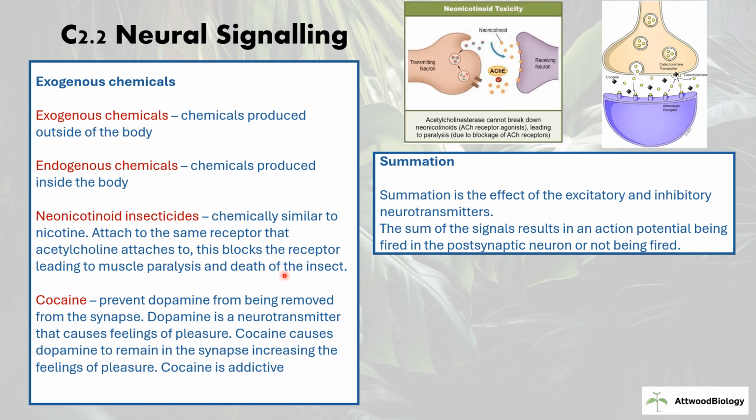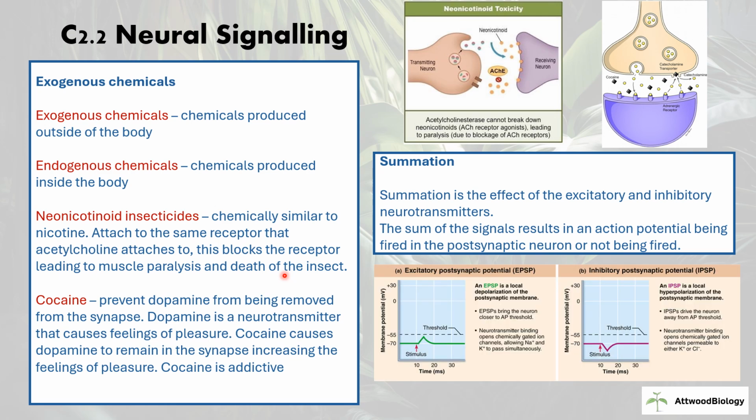There's lots of scope for some nice exam questions there, because there are lots of different examples of drugs and chemicals that may increase or decrease the amount of different neurotransmitters. We've got a little graph there that shows the EPSP and IPSP, the excitatory postsynaptic potential and the inhibitory postsynaptic potential, which might be quite useful to have a look at.